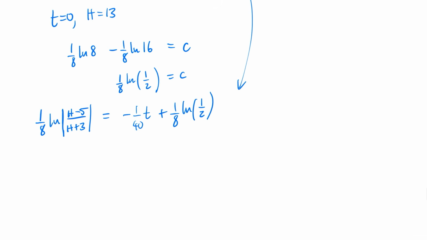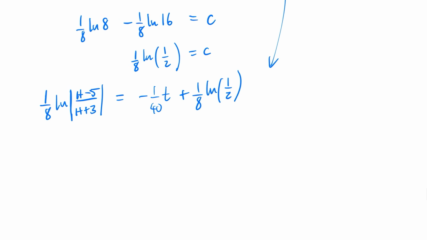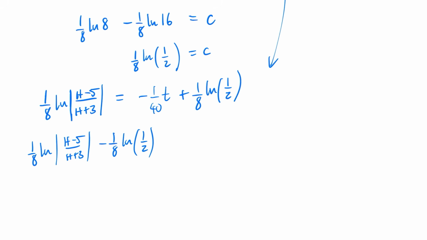Okay? So let's try and make h the subject. I think it's going to be better to combine the ln terms to begin with. So I have 1/8 ln of h minus 5 over h plus 3 minus 1/8 ln of a half. Don't really need those brackets, but I've got them now anyway.